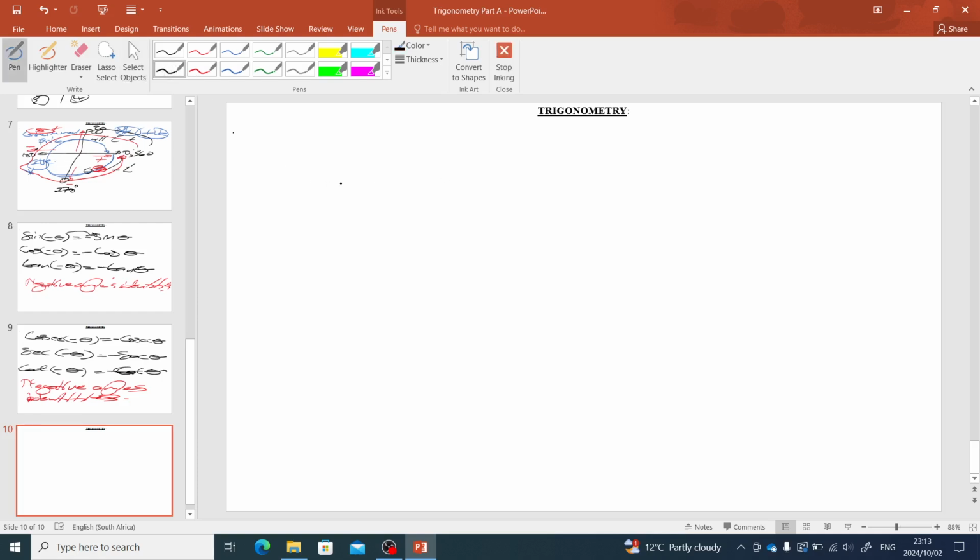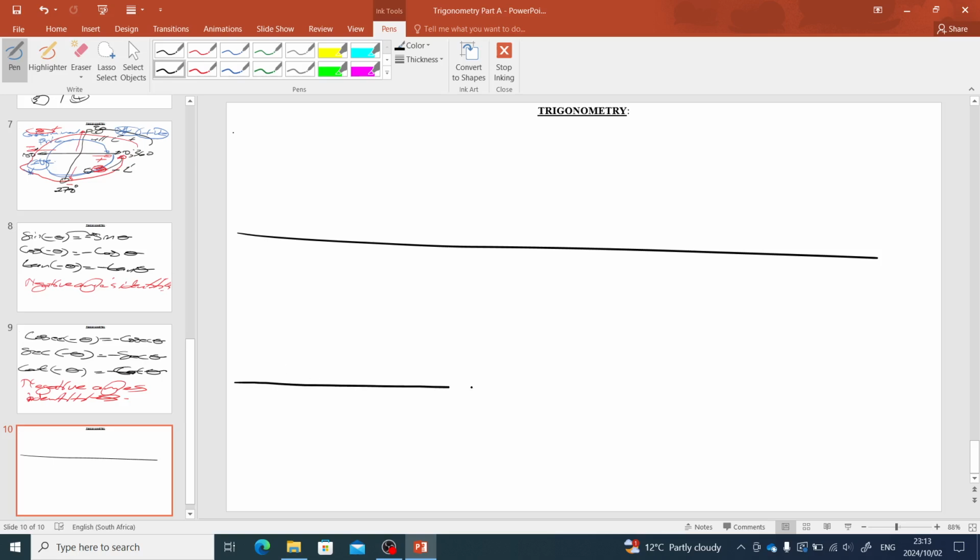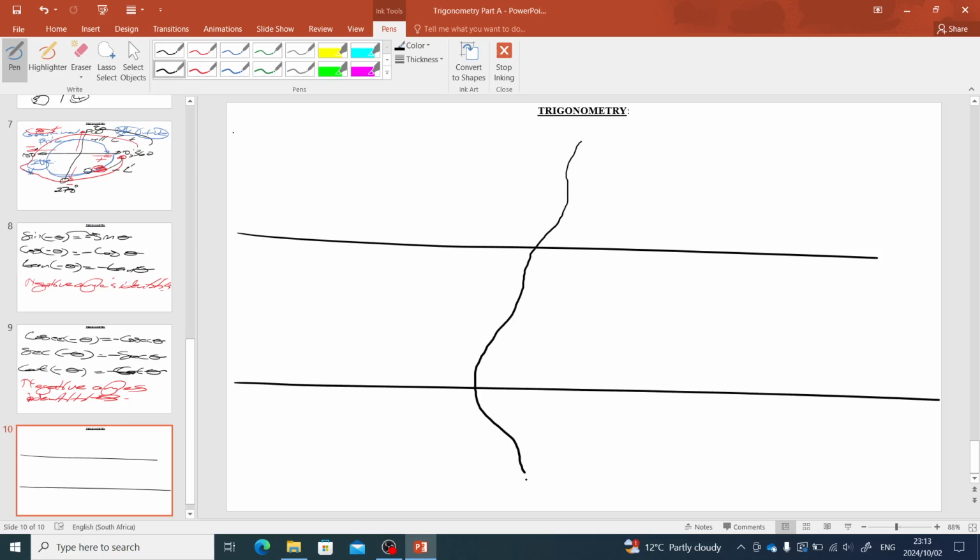Let's look at the formulas. Hopefully I'll be able to write nicely. Let us look at your formulas, your identities, combined with your negative angle identities.